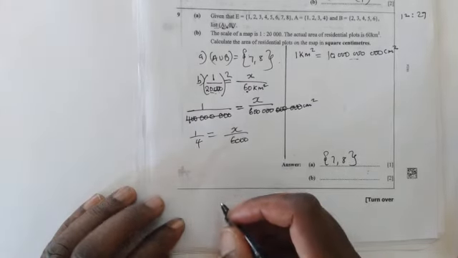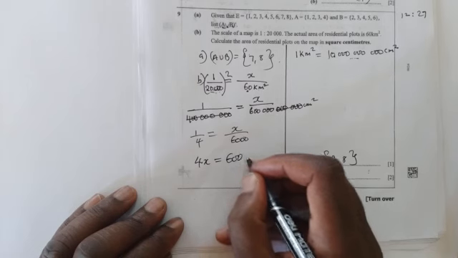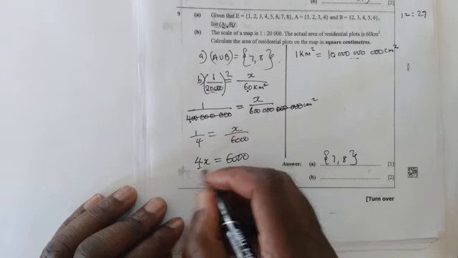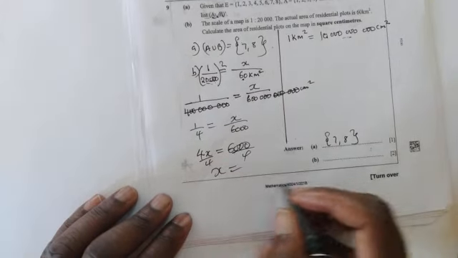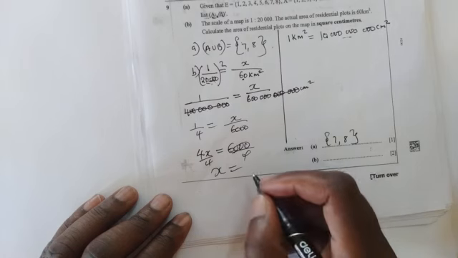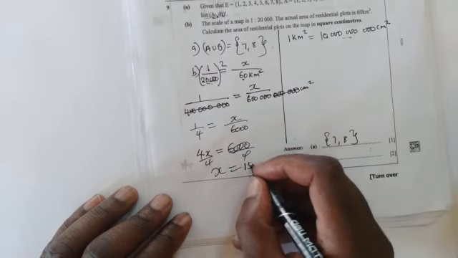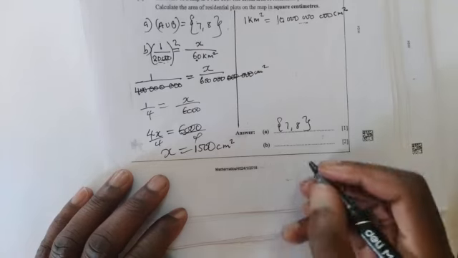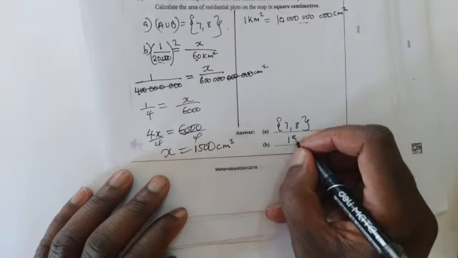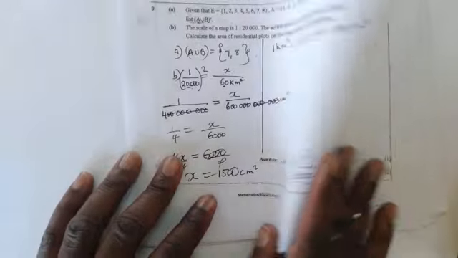So you cross multiply at this point, you have 4x is equals to 60,000. So you divide both sides by 4, your x is equals to 15,000 centimeter squared. So this is what will be our answer here.